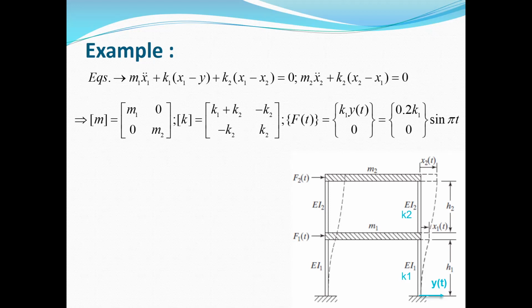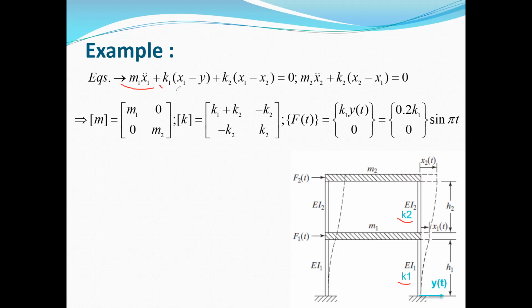For the first one, M1, if you write Newton's second law and assume that this mass M1 is connected to the ground with the spring K1, and also there is a connection between M1 and M2 with the spring K2, you can easily write M1 x1 double dot, which is the acceleration, equal to the summation of the forces acting on this mass, in the horizontal direction.